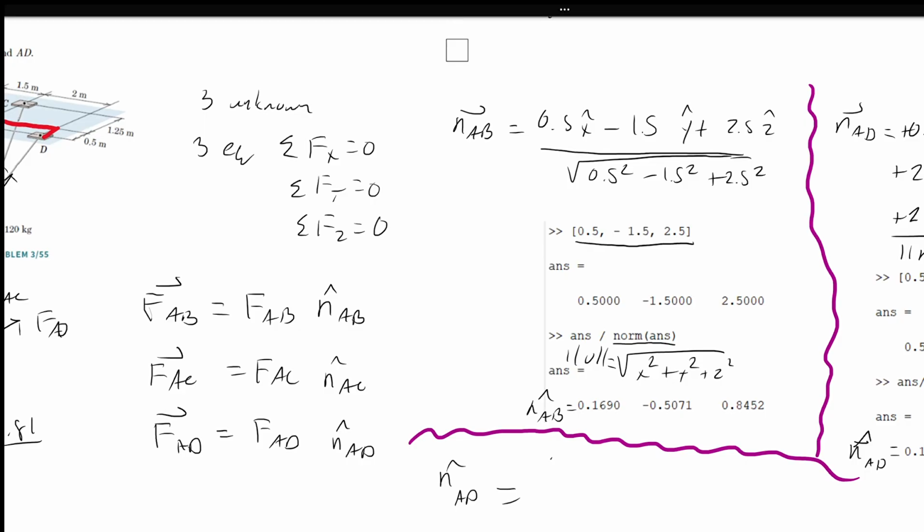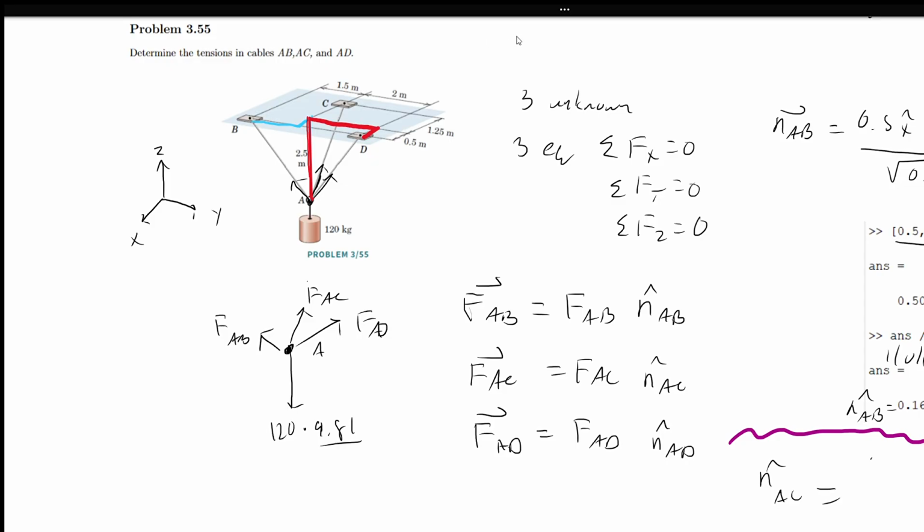All right, now I need AC. That's a terrible C. AC. Okay. That one shall be in, I'm colorblind, so I don't know what color. 2.5 in the Z. And then 1.25 in the negative X. They're getting easier in the X direction, and then plus 2.5 in the Z direction.